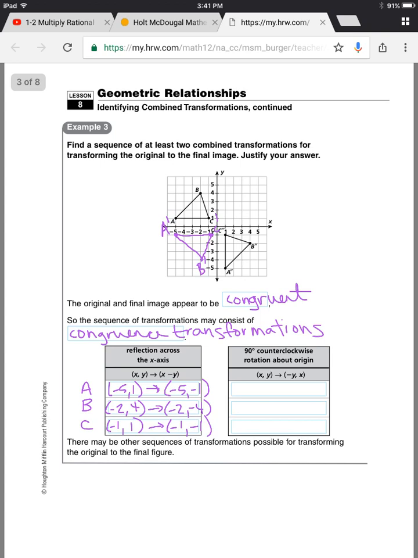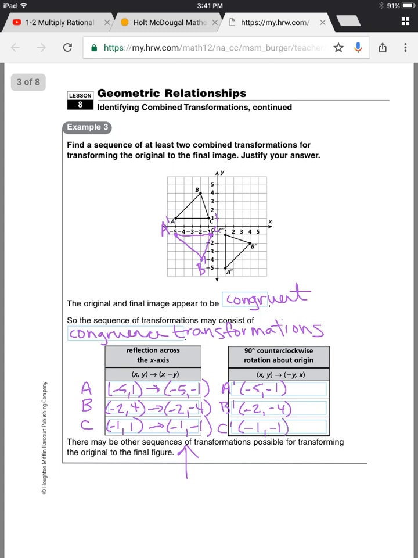So, we're going to take our A prime, B prime, and C prime coordinates, which are all right here. So we're going to have negative 5, negative 1, negative 2, negative 4, and negative 1, negative 1.